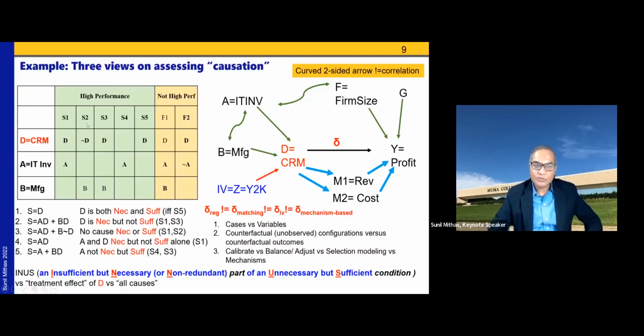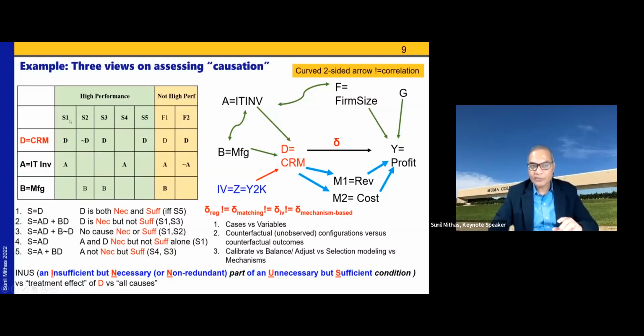But in the S2, you need B, but you don't need D. In the S3, you can have D and B together, and that will give you exactly the same outcome. Only in the S4, IT investments will be sufficient. You don't need to think about CRM or manufacturing at all. And in the S5, maybe this is the only scenario where D alone will bring about high performance.